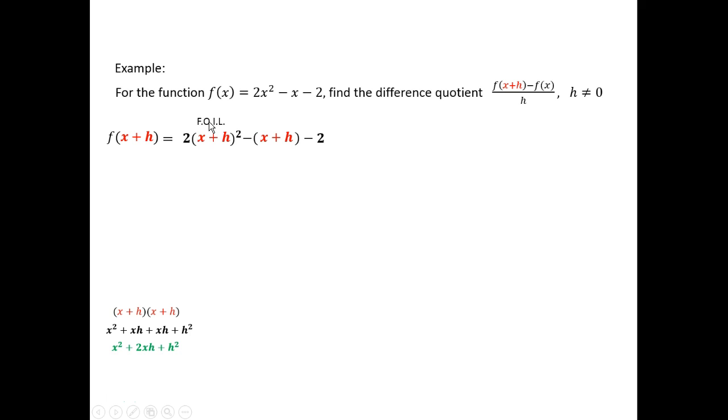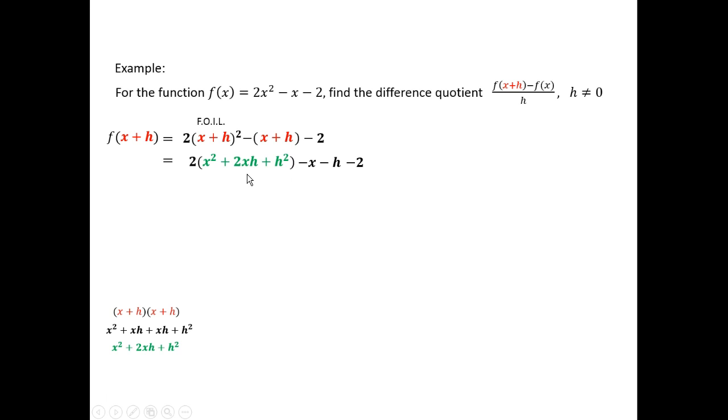So what I'm going to do is bring that down. So that's 2 times all of that I got when I multiply this out. But I still have this part of the problem that I need to bring down. So I distribute my sign through, so that's minus x, and that's minus h. And we bring down our minus 2.